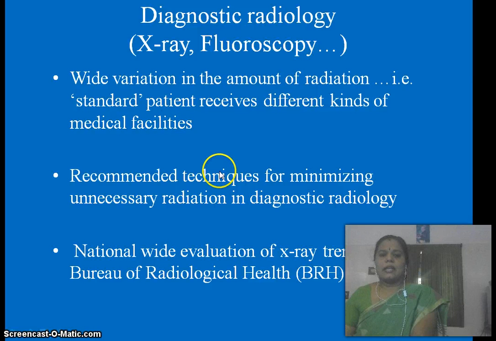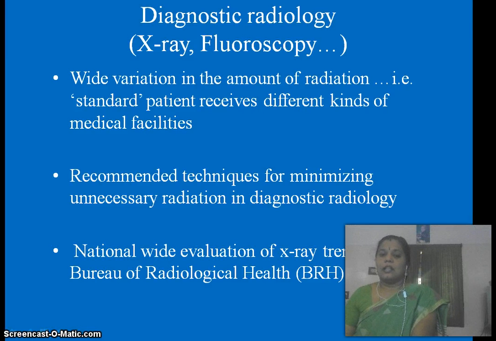Okay. And there are many instruments which are used worldwide, which vary in the amount of radiation exposed to the patient. That is, if a patient is diagnosed here in India at a particular medical facility, and the same patient is diagnosed in some other place, for example in the USA, at some other medical facility, the amount of radiation exposed will vary. Why is there this kind of variation?